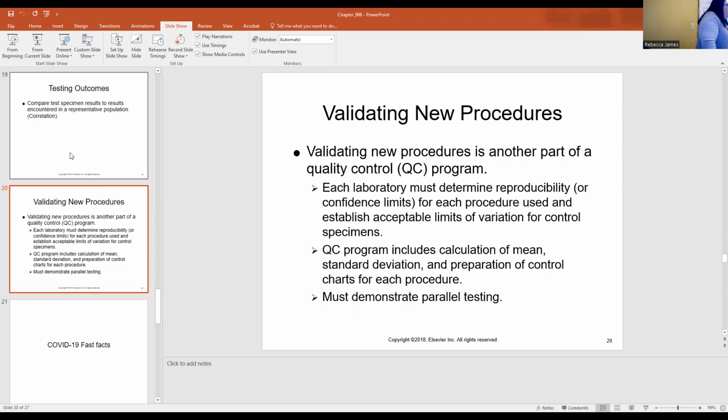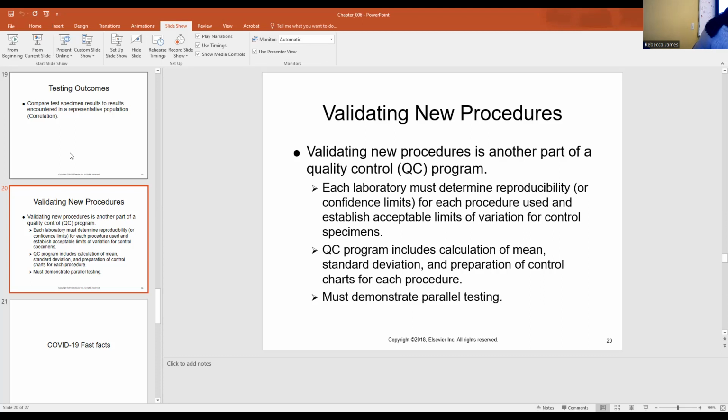So let's just say that it's Fisher brand. Before you introduce that Fisher brand into your lab, you have to perform stuff to make sure that it's correct, okay? This can be done with controls, other known samples, or comparison with an old kit. So that's correlation. That's what that is.